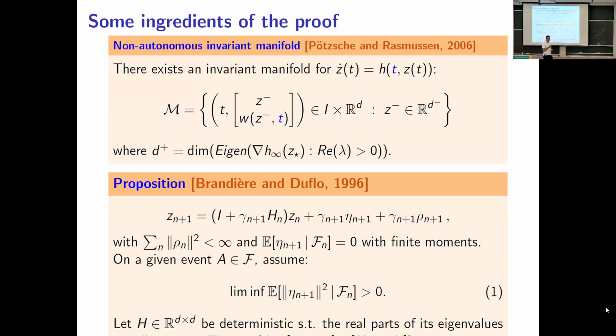But then we do a second change of variable by introducing a new variable. As I mentioned, we start from Z_n. We do a first change of variable in the right basis. So we have the stable part and the unstable part. And then the second change of variable is to introduce a new variable u_n plus, which is the difference between y_n plus minus, and here we introduce the invariant manifold, minus w of y_n minus, t_n.